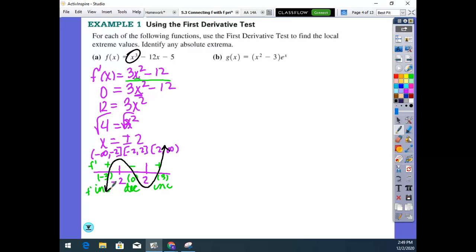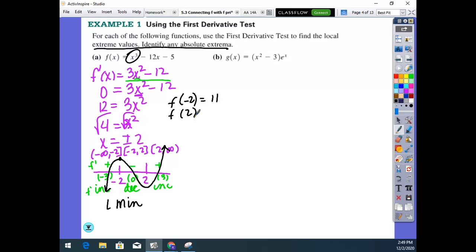The only thing this wants are your extreme values. So we see we have a local because our graph extends on forever, up and down, so there are no absolutes. So we have a local min, and if we plug -2 back up here, let me just write this out. If I plug -2 into the equation, I am going to get 11.